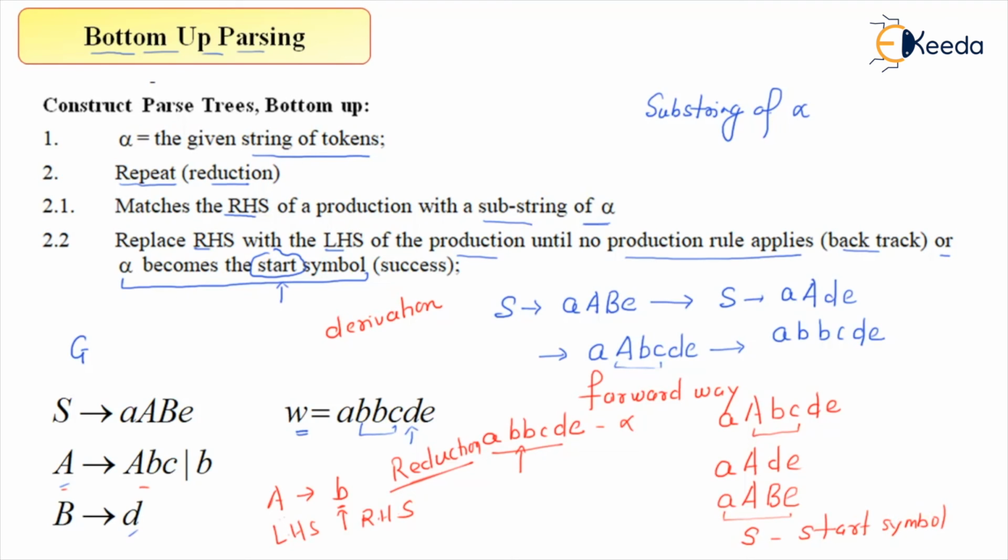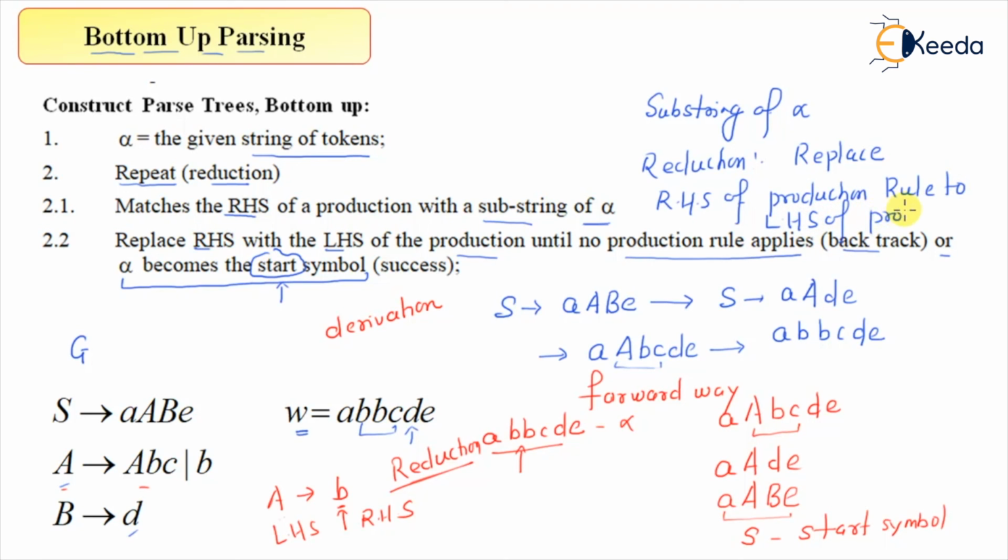So the key term here is reduction, and the definition of reduction is nothing but replacing the right hand side of a production rule with the left hand side of the production.